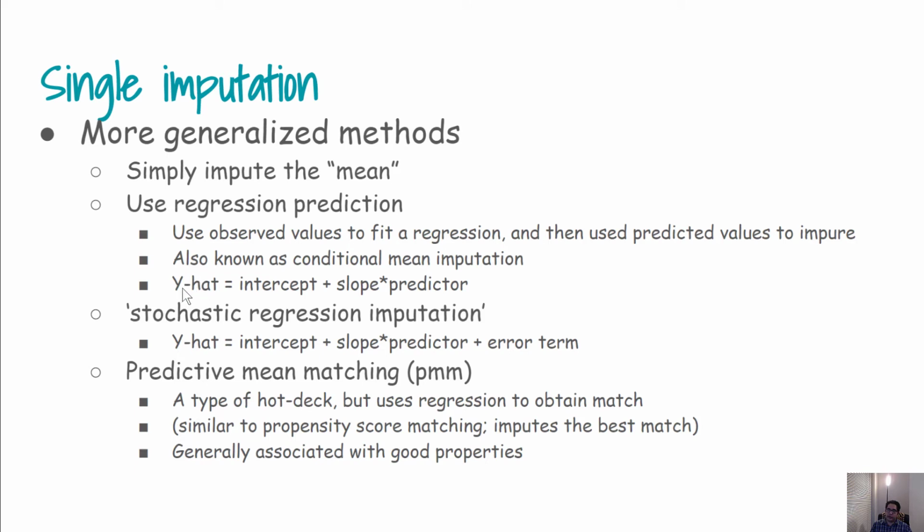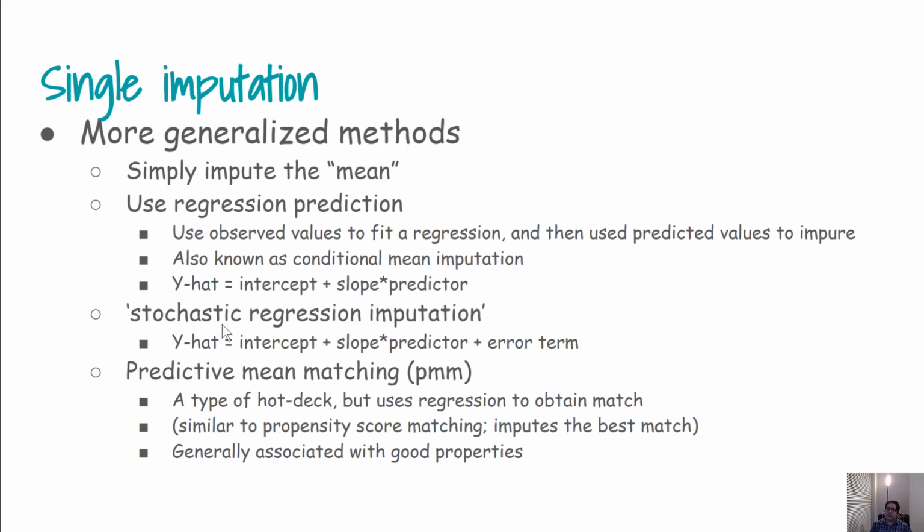Say, for example, y is age, and the predictor variables could be educational status, married, BMI, cholesterol level, and things like that. Based on that, we can predict what the predicted age would be for that person. This is a deterministic model where we have just the intercept, slope, and predictors. So if you run this regression again, you will get the same predicted age for that person.